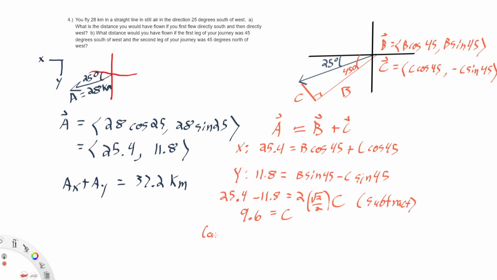If we add instead, we'll get 37.2 equals square root of 2 times b. So b is 26. All right. So if you traveled b then c, you would have traveled a total of 35.9 kilometers.